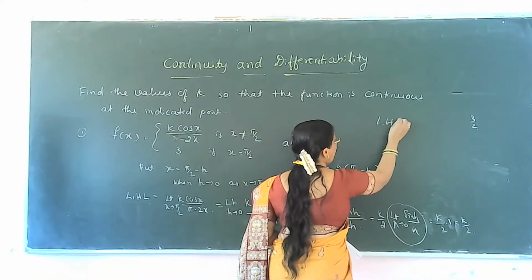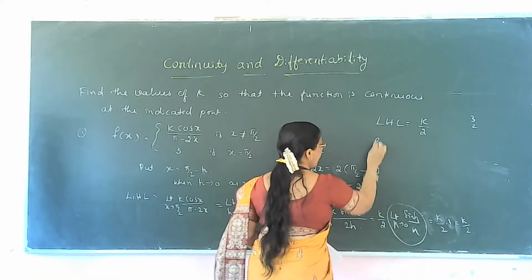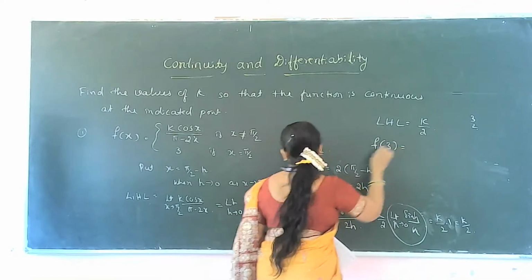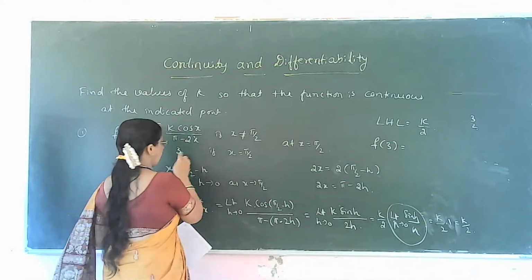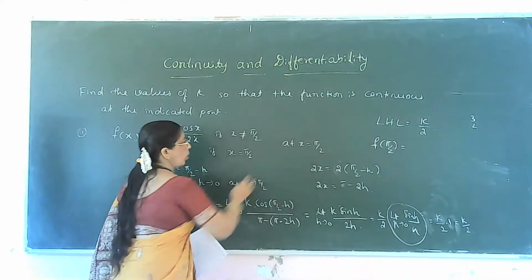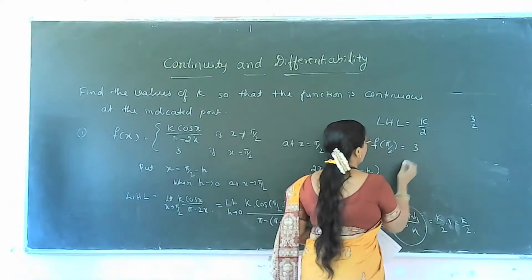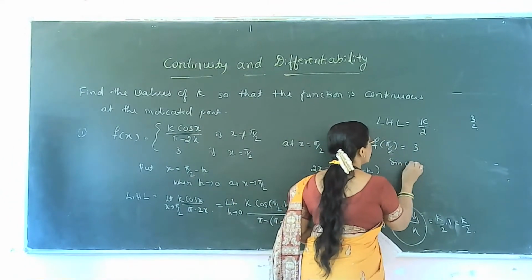Therefore, the LHL or RHL limit is equal to k by 2. Then find the value of f of 5 by 2, which is equal to 3.